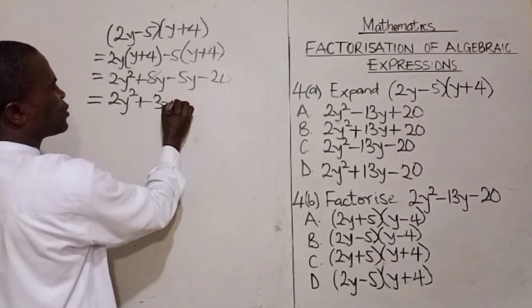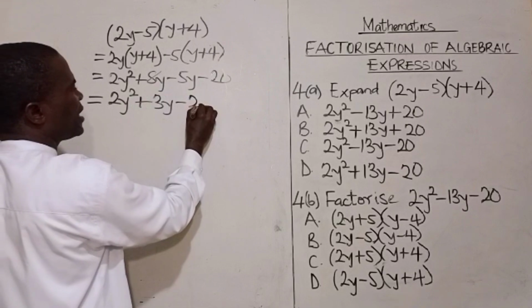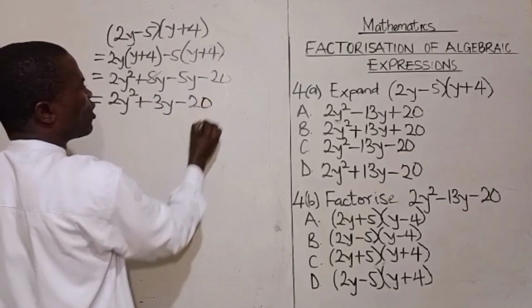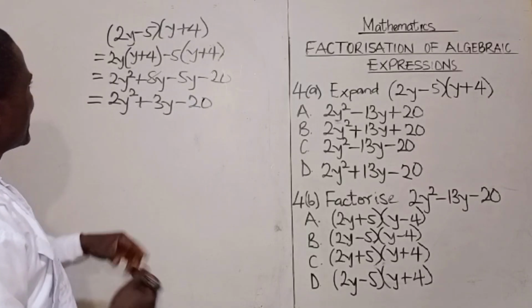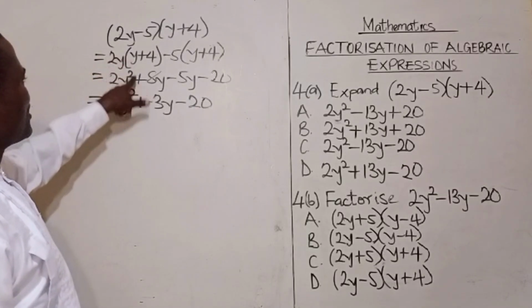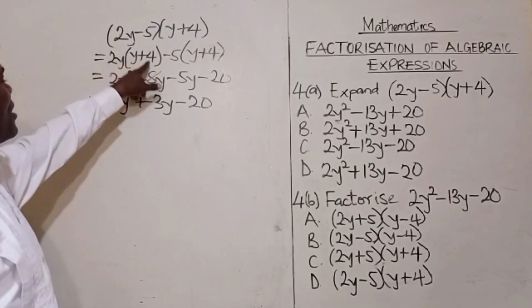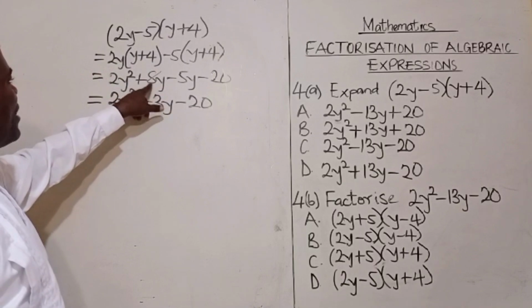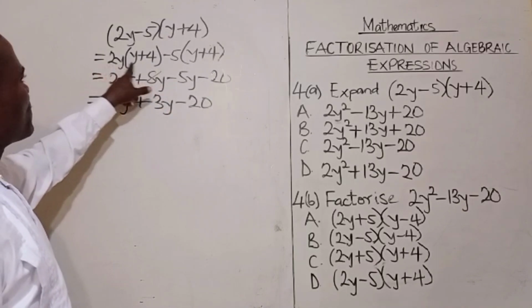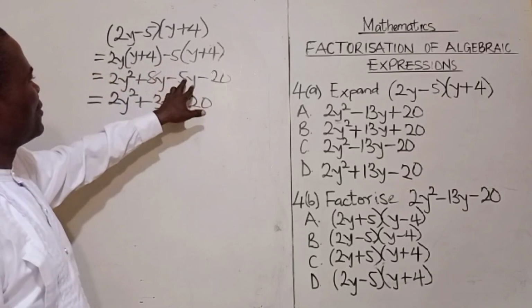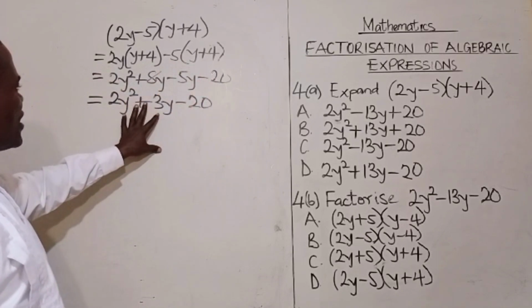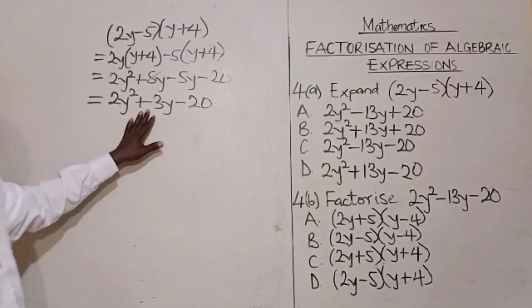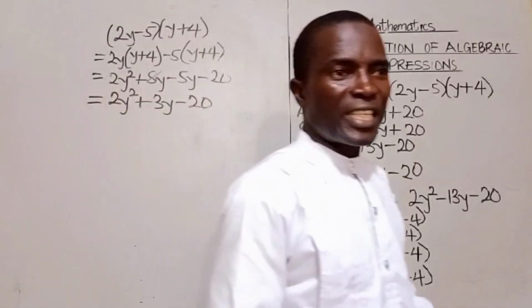Then this minus 20 comes to stay here. Let's look at it again. Here is this times this, we have 2y squared, and then this times this, we have 8y. And then we proceed, this times this, we have minus 5y, and then this times this, we have minus 20. So everything is now in order. I want to believe we understand.